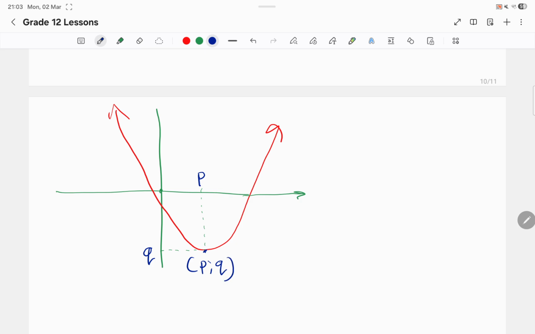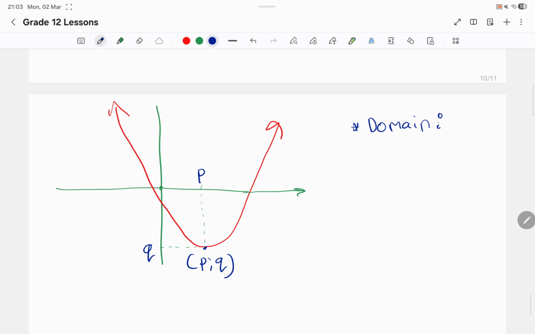And then let's talk about the domain and the range, right? Domain is the set of x values of your graph for which your graph is defined.